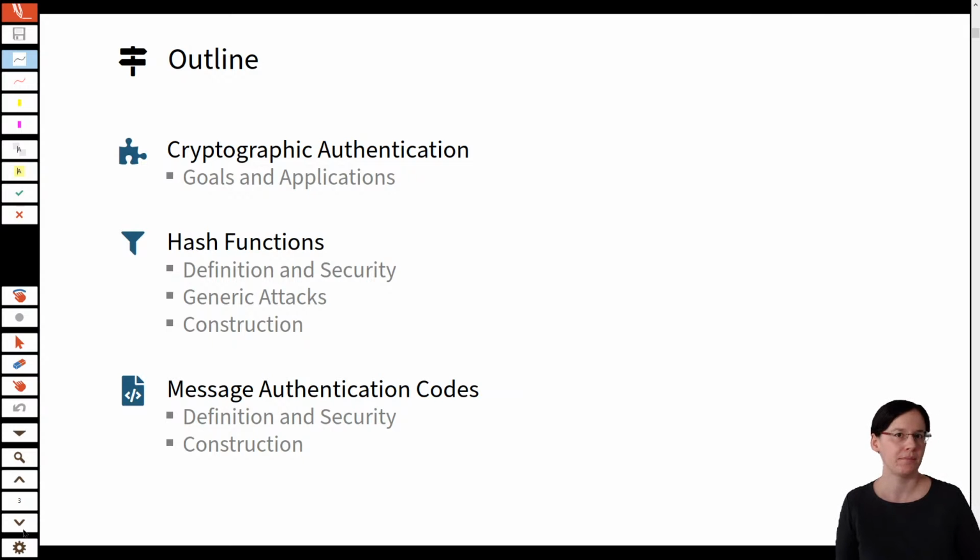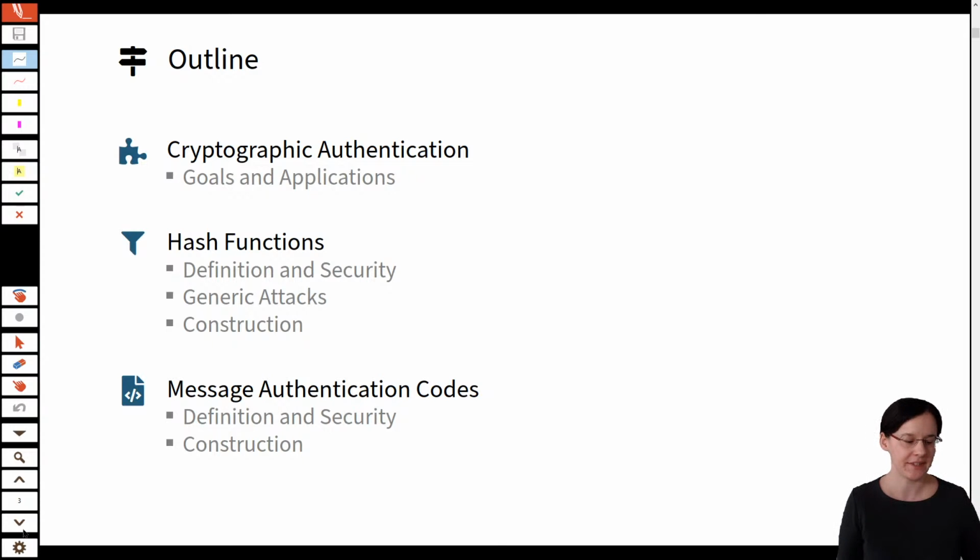We will see some generic attacks on hash functions in general, but also on the specific constructions that we look at, which today includes the Merkle-Damgård construction and sponges. And we will have a look at some of the analysis techniques that determine how secure these functions can be.